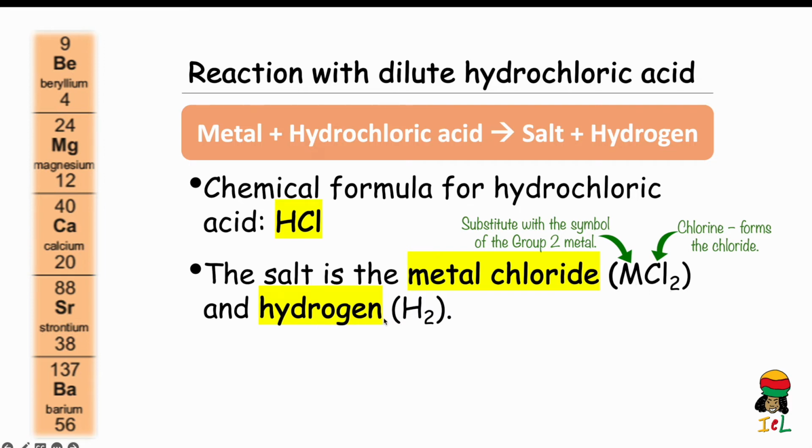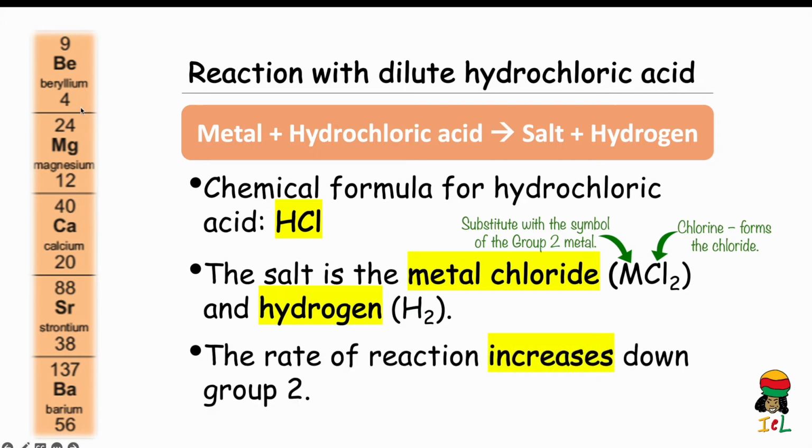Once again, hydrogen is a gas and it has the chemical formula H2. Recall that reactivity increases down the group 2 metals. Therefore, the rate of reaction between the group 2 metals and hydrochloric acid increases down the group.